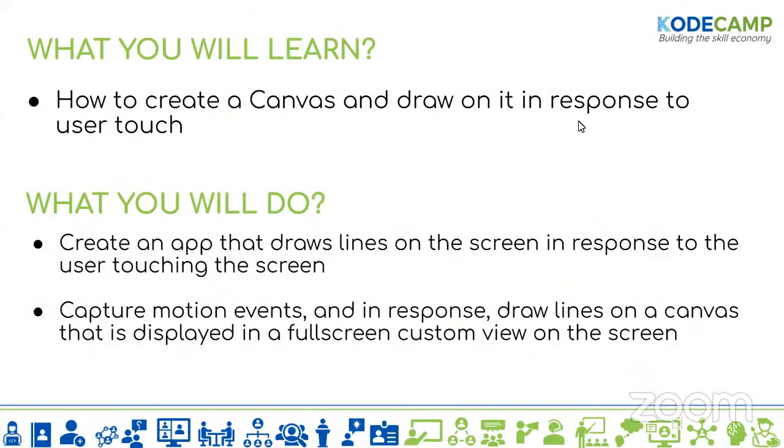So basically, what are we going to learn? We're going to learn how to create a canvas and draw on it in response to a user touch. We're going to create an application that draws lines on the screen in response to the user touching the screen. We're also going to capture motion events, and in response, draw lines on a canvas displayed in a full screen custom view.